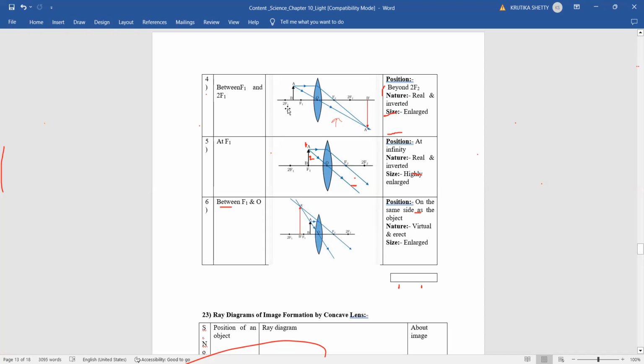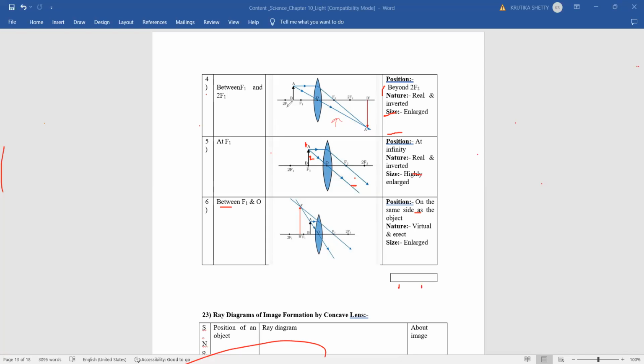When it is in between 2f1 and f1, again there is one ray passing parallel to the principal axis. It will pass through f, and then there is a ray passing through the optic center, and both the rays meet here at the point A. This point A will help us in the formation of the image.